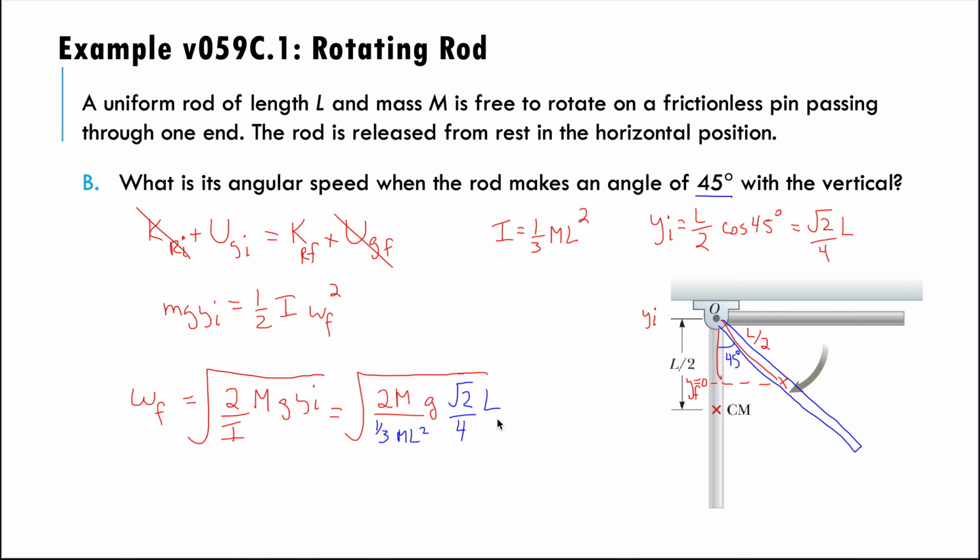Let's go ahead and simplify. We're going to cancel out the M's, cancel out one of the L's. We can rewrite this again here. Omega f equals square root. Cancel out a 2 here, and bring this 1/3 up to the numerator by multiplying by the reciprocal. So we're going to have 3g over L times square root of 2 over 2.